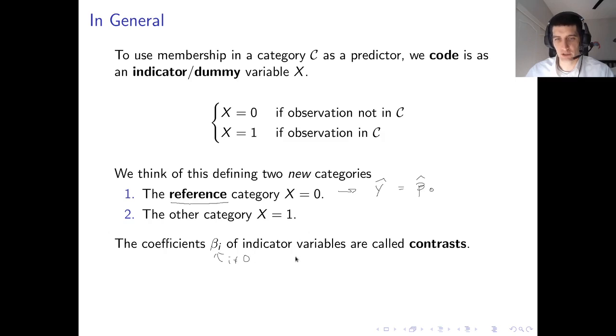An indicator variable is one of these x things, so all the other coefficients will be attached to indicator variables. One of them will not. That's beta 0. So all of the betas which are not equal to 0, the ones that are attached to indicator variables, are called contrasts. So we have a reference category associated with beta 0, and we have contrasts, which are the coefficients associated with the other variables.